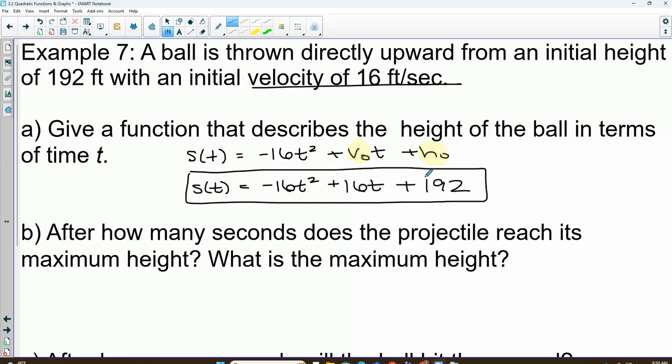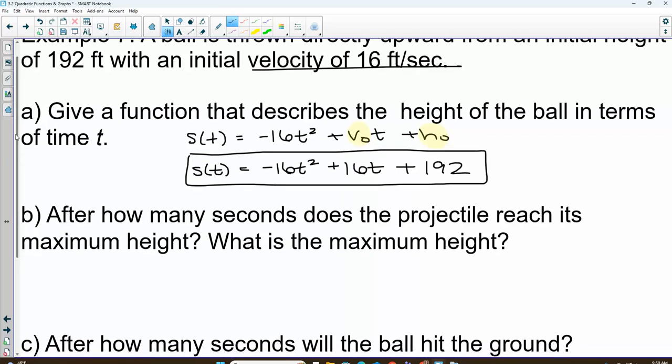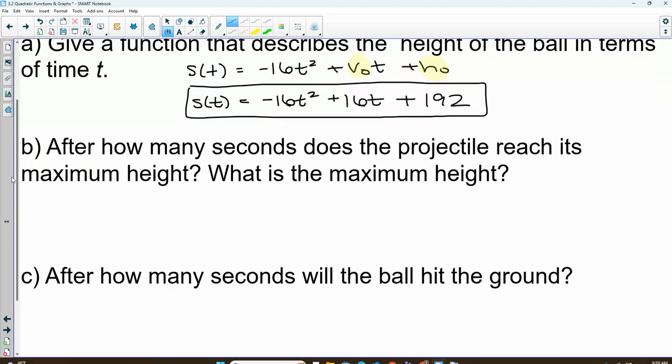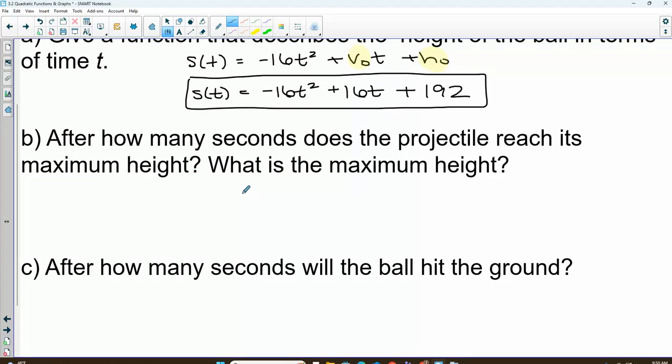If you were starting on the ground, what would your height be? 0. Good. All right. After how many seconds does the projectile reach its maximum height? If I'm looking for when it hits its maximum height, what am I asking you to find? The vertex, right?